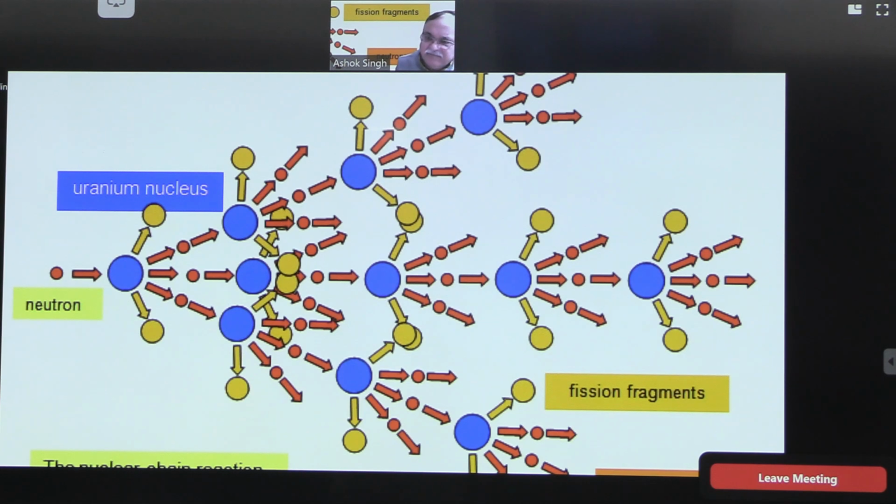And each time energy will be released. This is the source of nuclear energy.